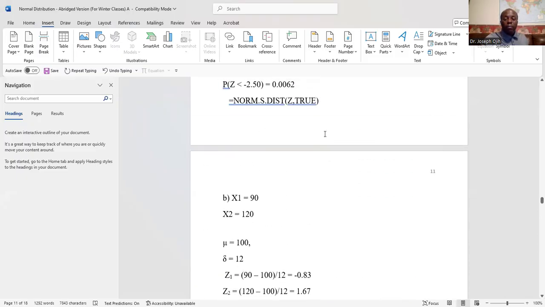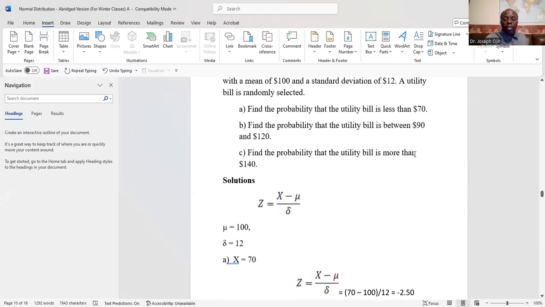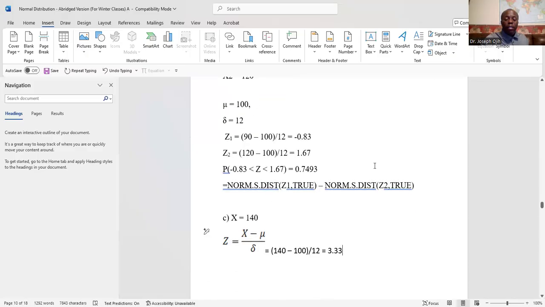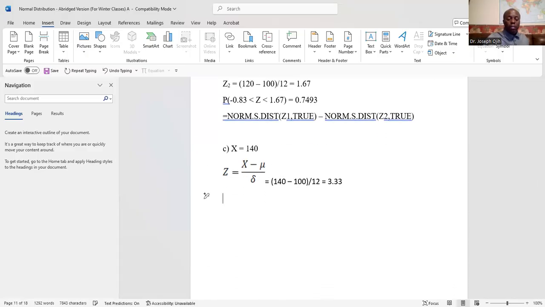And when it says more than, that means greater than. So we're looking for the probability that the z value is greater than 3.33, at the right tail. 3.33 is already on the right side, which is positive, and greater than that means it's on the right tail.